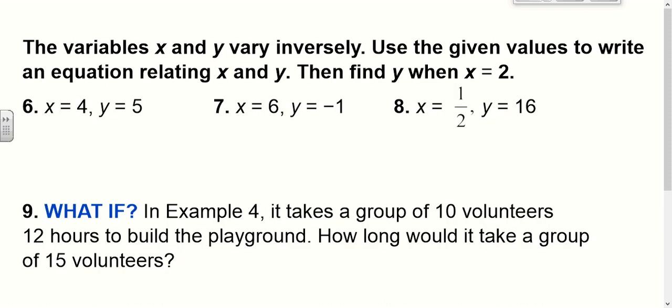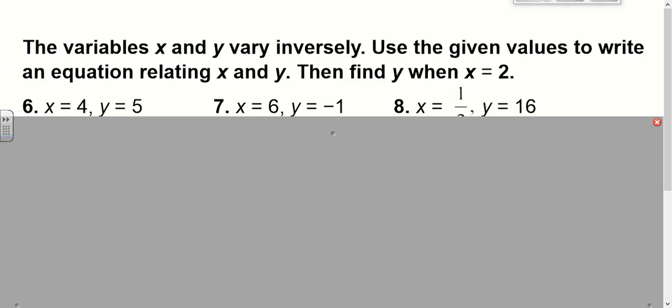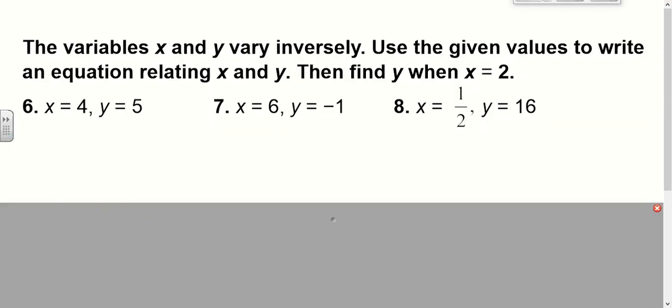And the last one here, we're just going to work one of these. Not going to worry about the number 9 what if. The variables x and y vary inversely. So let's just look at number 8. On number 8, it gives me an x and a y. I already know they vary inversely, so I'm going to start off with my x times y equals a.